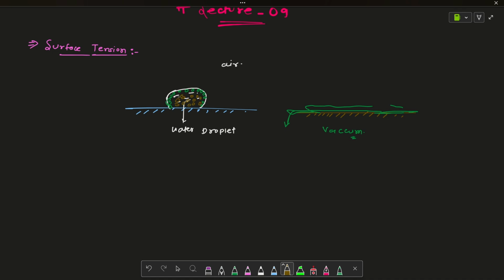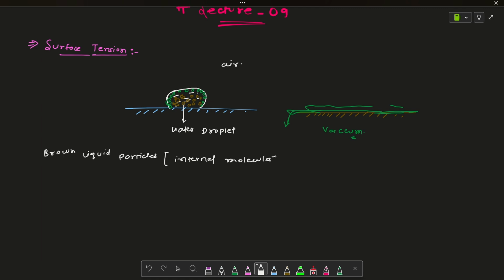The difference between the brown and the green ones is that the brown ones are present inside the water droplet. The green one is also present in the water droplet, but these brown liquid particles we will call internal molecules of water.